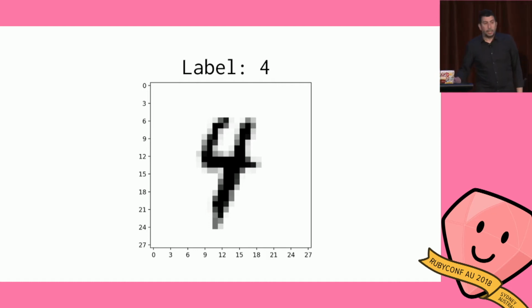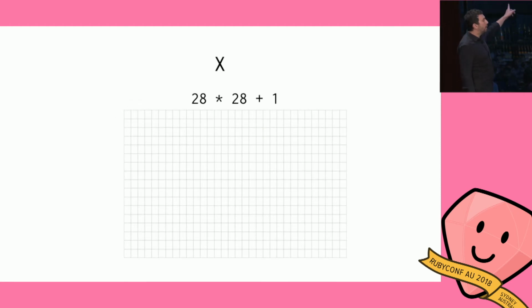How do I turn this thing into something that we can feed to our logistic regression pizza break-even forecaster? This might look like quite a large conceptual leap, but it's not. Let's just take this thing, squash it into a single line of pixels. 28 times 28 plus 1, if we wanted that.